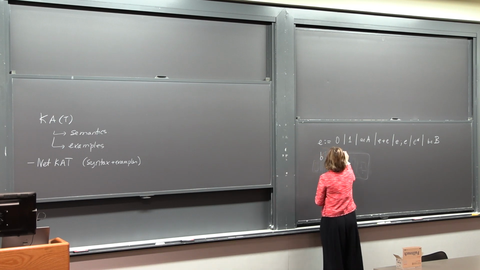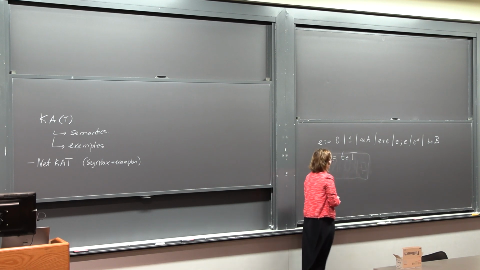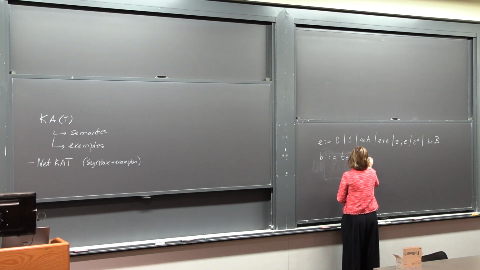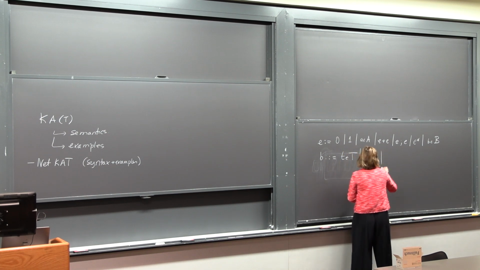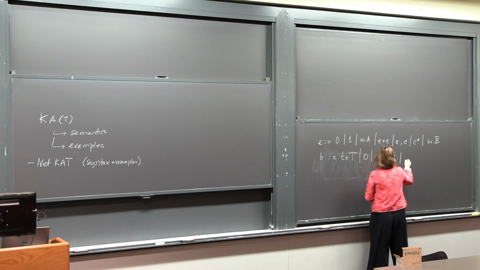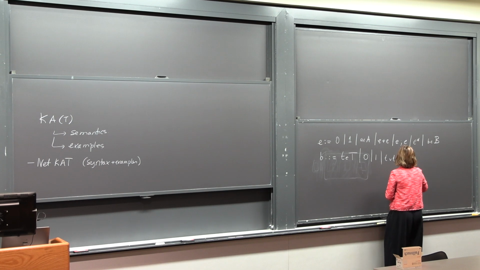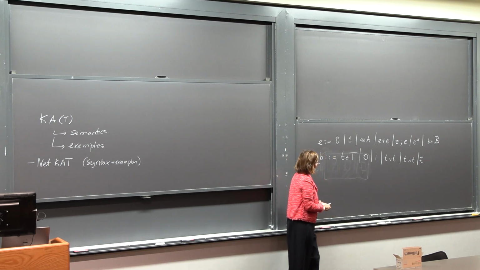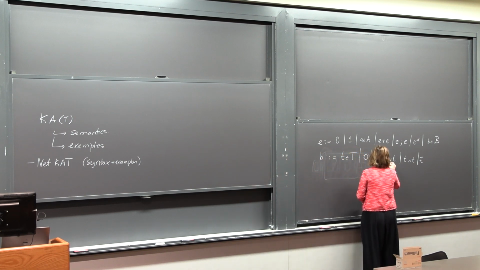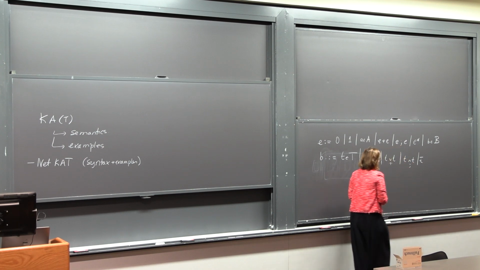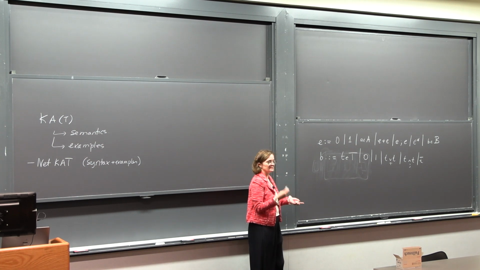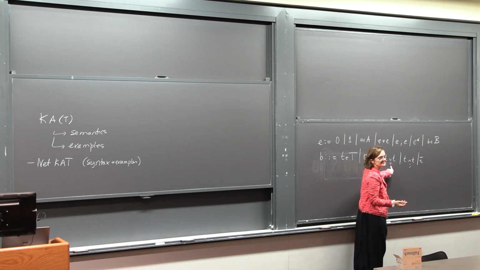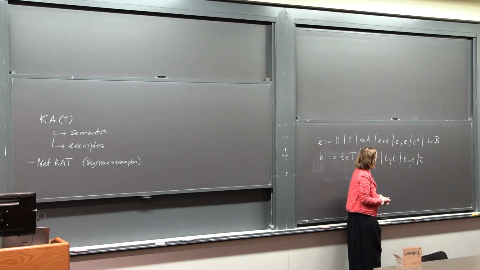I can say it's either a basic test, or it is true or false, 0 or 1, or it is or, or it is and, or it is negation. Okay, and now here I wrote in the syntax the distinction between the plus for tests and the plus for expressions, but ultimately I'm always going to use the same symbol. I just wrote the differences so that you remember these.